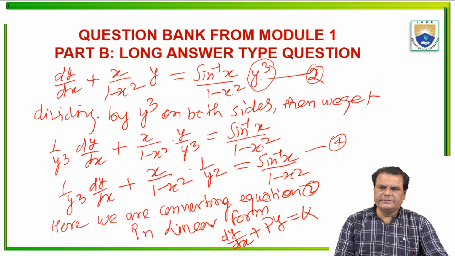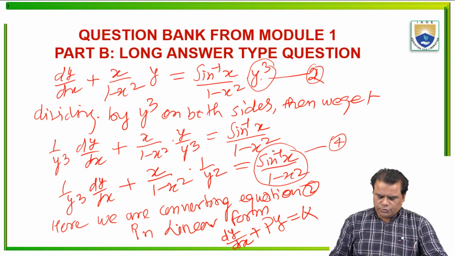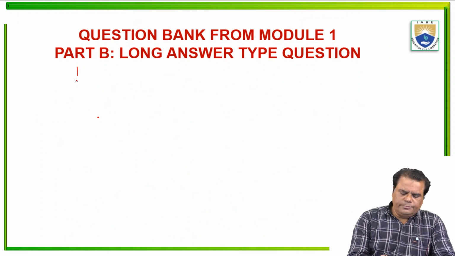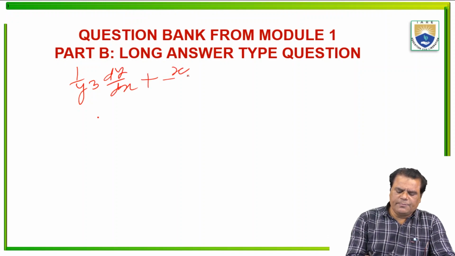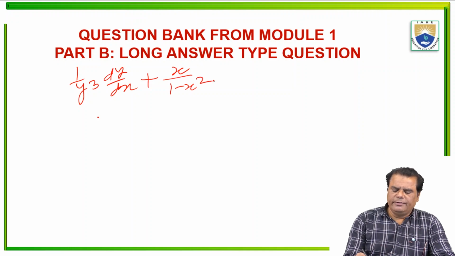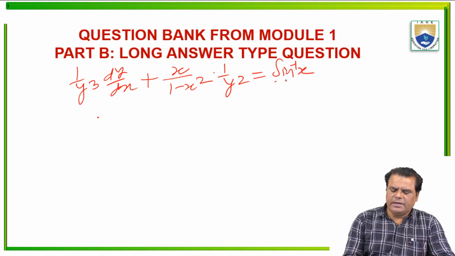So equation number 4 is converted into linear form. Here, 1 upon y cube dy dx plus x upon 1 minus x square into 1 upon y square equal to sine inverse x upon 1 minus x square. This is equation number 4.